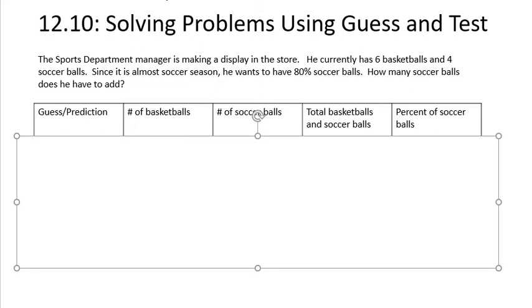I am going to estimate or predict 180 students in the school. That's more of a prediction and an estimate. So I would like you to keep that in mind when using the term guess and test.